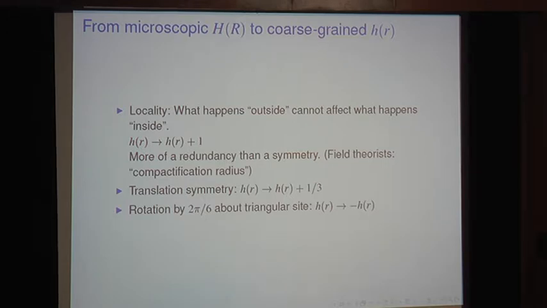The usefulness of this approach is that now you can say, let us take boxes of some size, some coarse graining size, and split up my original lattice into these boxes, and let me agree to define an average height or a coarse grained height little h of r corresponding to each such box, and this is to be understood as the average over all possible ways of covering the lattice inside the box with dimers. Okay. So, that is the coarse graining we are going to try and imagine we are doing. We do not actually do it in practice, we just imagine we are doing it.